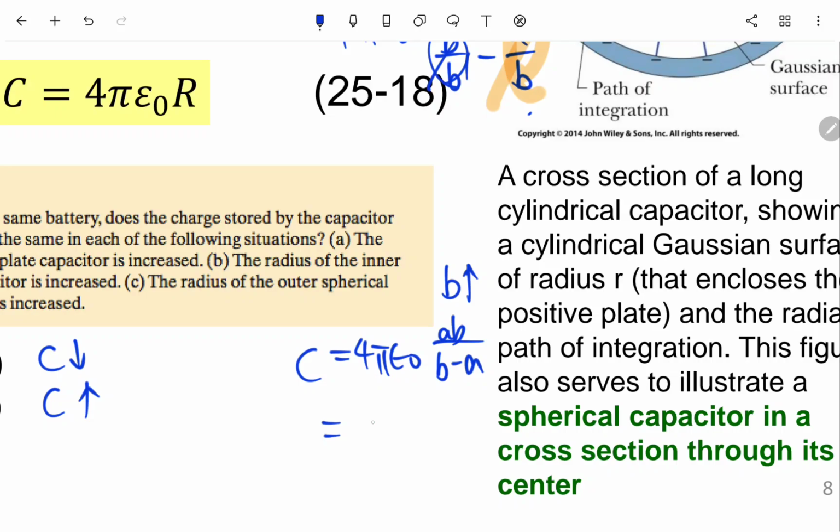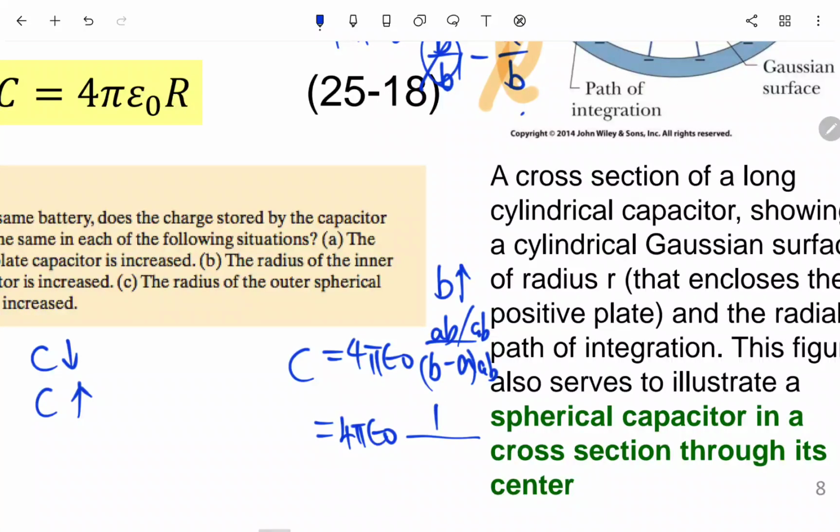So in that case, we try to do some algebraic calculation. Let's try to divide by AB here and here. So we have 1 in the numerator, and then we have 1 over A minus 1 over B, like this.